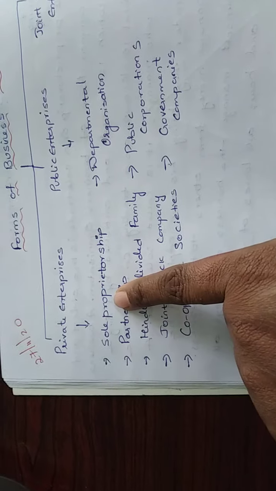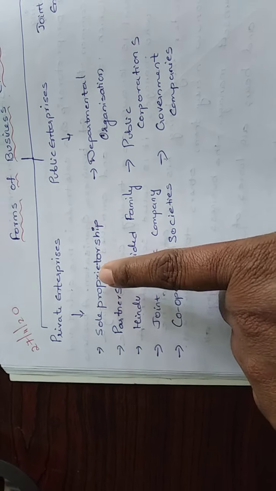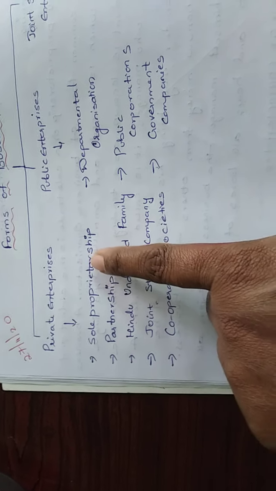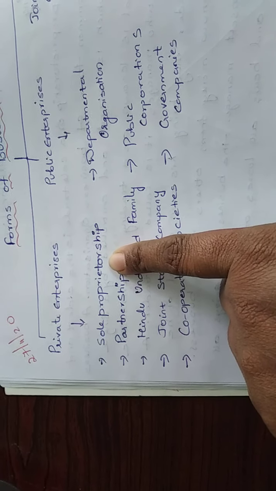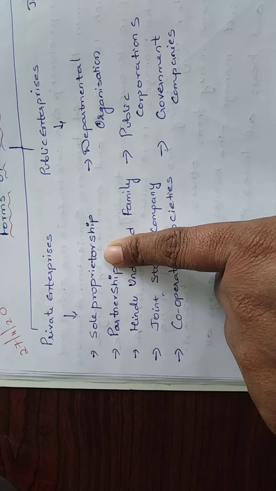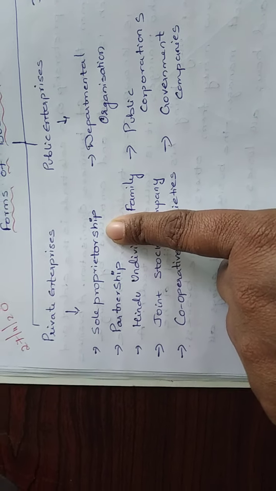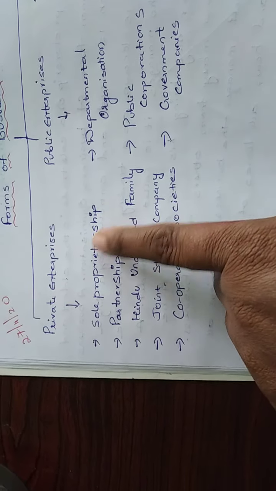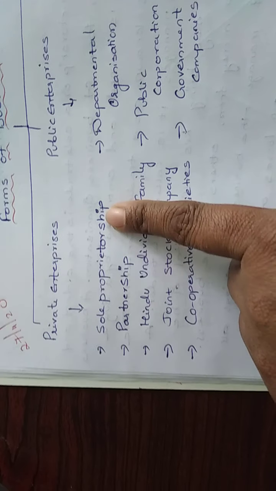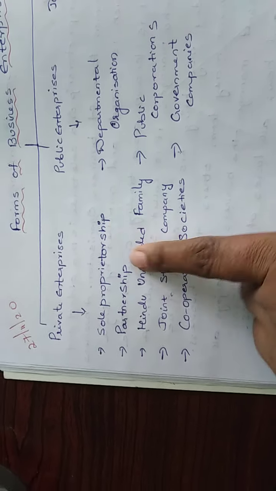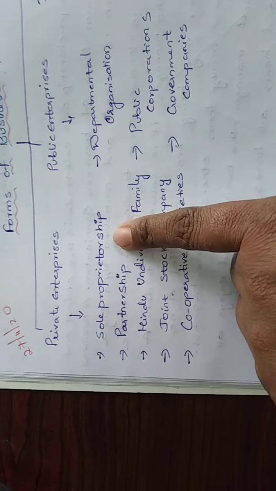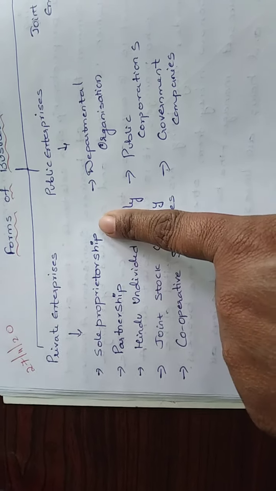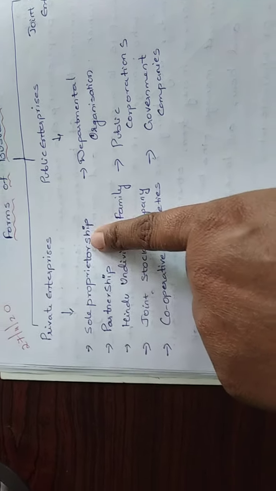It is controlled and promoted by, and the total risk and losses are borne by, only an individual person. This is a simple form of organization: a single person running a business using his own capital.